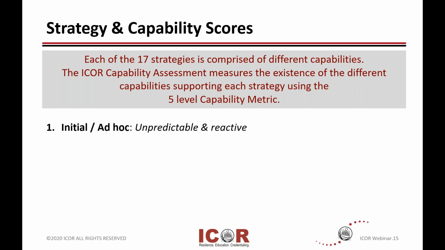And I like simple. So I like having a 3-level maturity model or capability metric. A lot of people like the 7-level, and in my mind, I'm like, how do you differentiate over 7? So we compromised to have 5 levels.